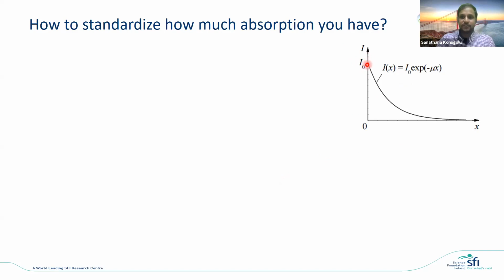So this is the kind of curve. You send light into the medium and you observe, in the beginning when the length of the medium is 0, you send I naught light, and through the medium the light decreases, and you observe that it follows an exponential behavior.